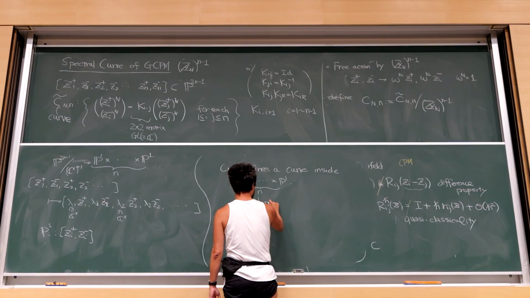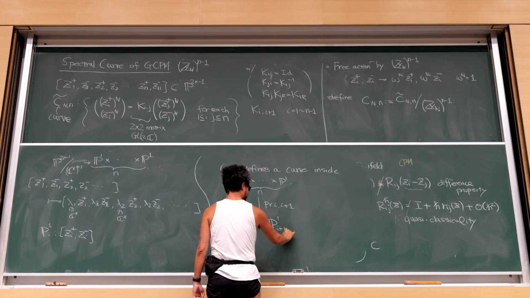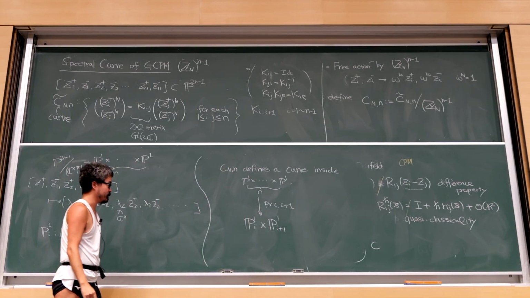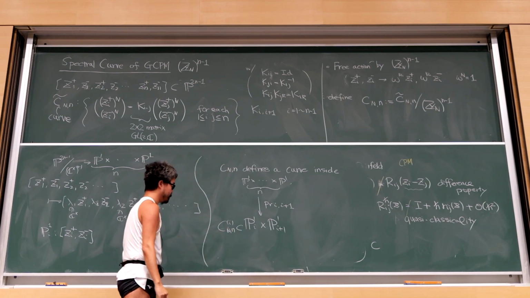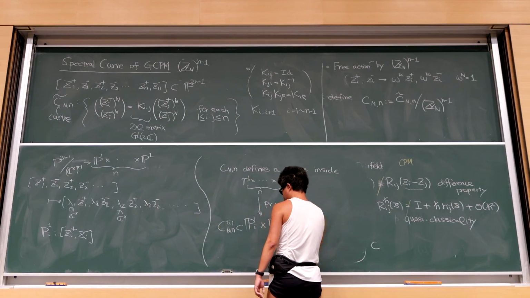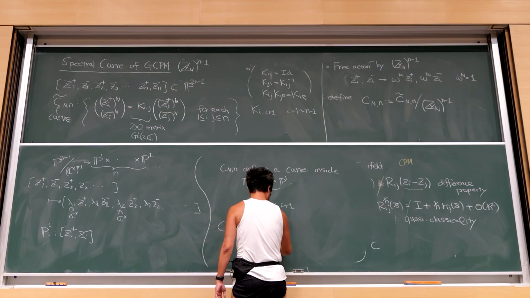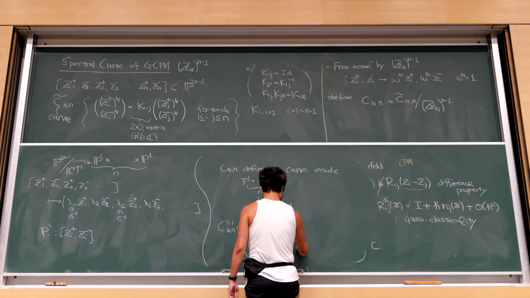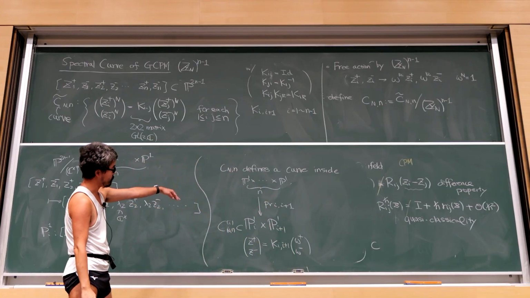So you can project into the ith and i plus 1 components, P1 times P1. And then there is a curve inside it, which I might write as Ci. This is simply defined by the equation that Z plus Z minus is equal to K i plus 1, W plus W minus. The power n is already modded out because I'm downstairs.